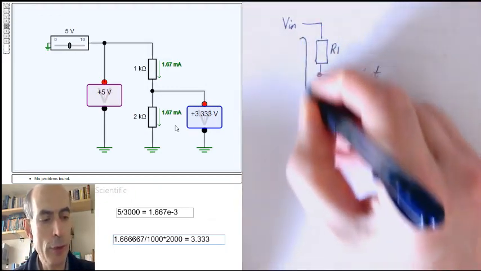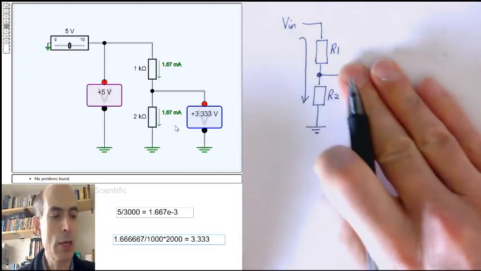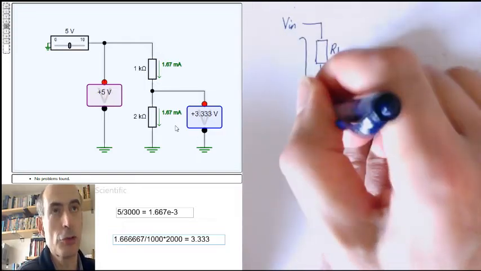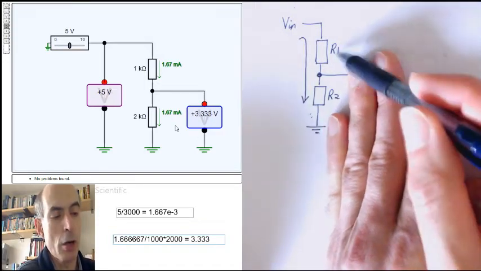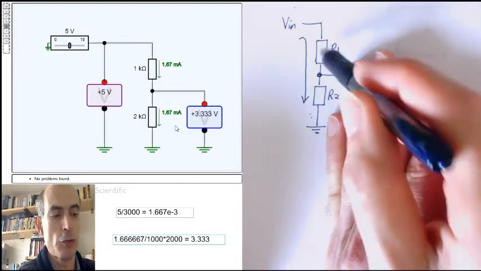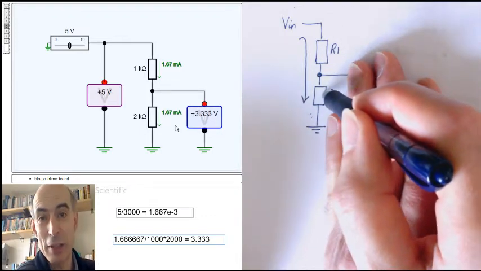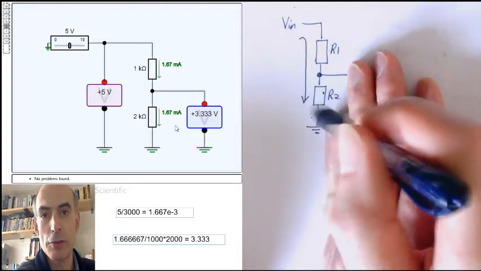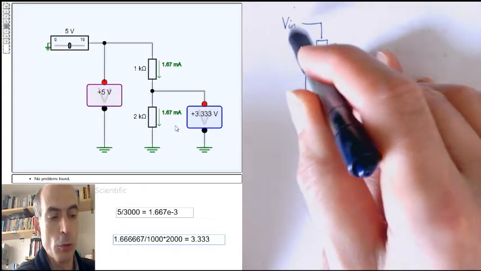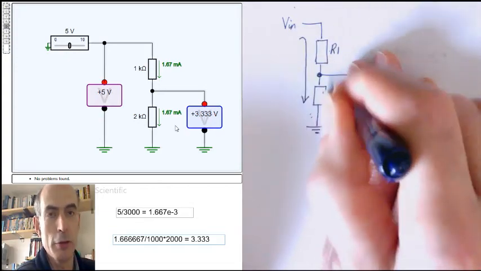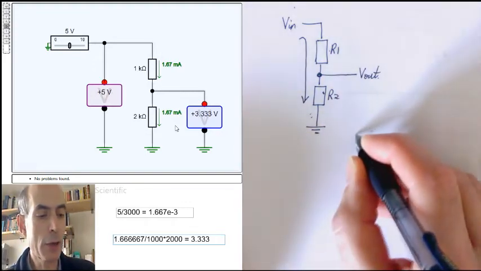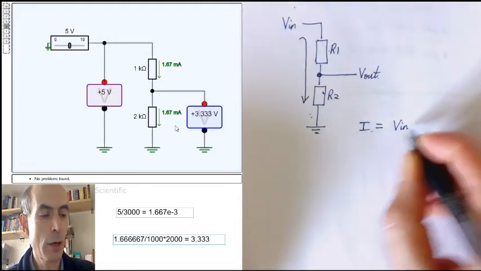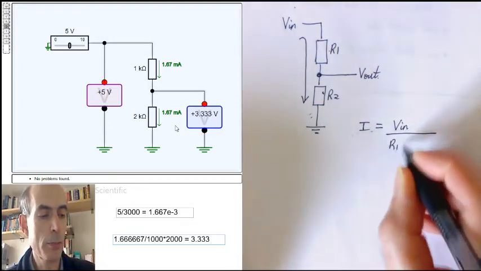The current that's flowing down through there is the current that you'd get from a voltage V in across a resistor of value R1 plus R2, because these two resistors are in series, so they behave like a single resistor with the sum of R1 and R2 as its value. So applying Ohm's law to V in and the sum of these two resistors, the current flowing down here is V in over R1 plus R2.